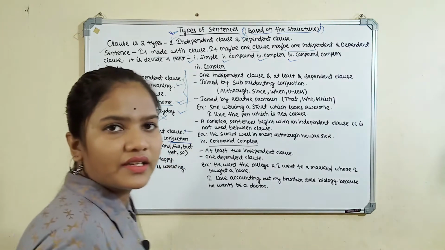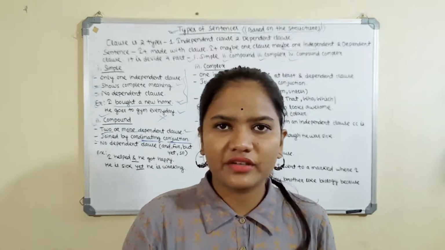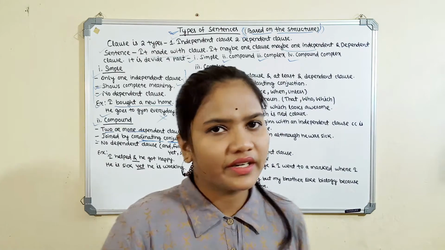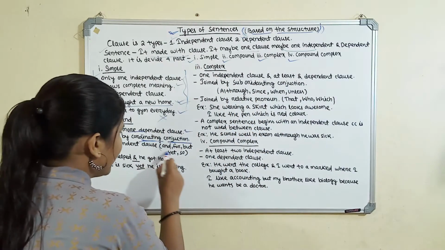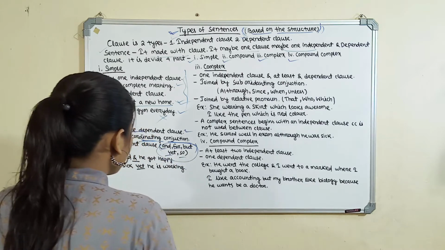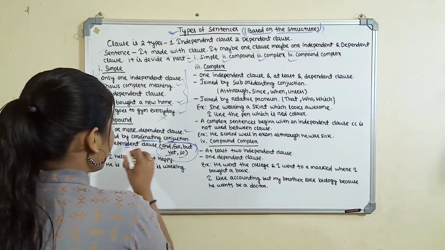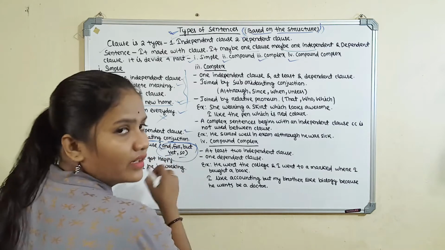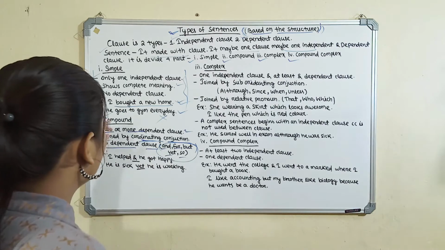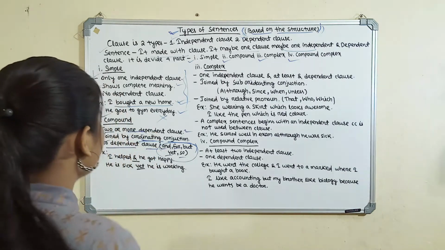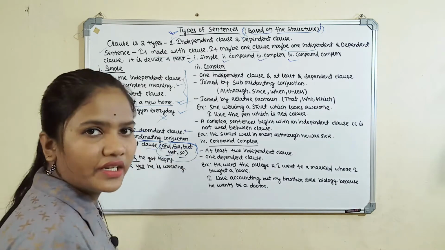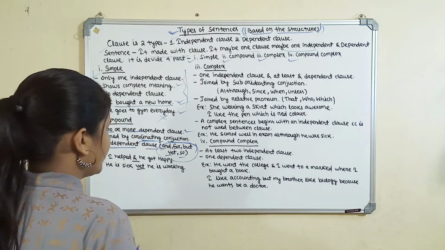A conjunction joins two words or sentences together. Conjunctions are and, for, but, or, so. Third, there is no dependent clause. These are the criteria of compound sentences: first, 2 or more independent clauses; second, joined by a coordinating conjunction; third, no dependent clause.